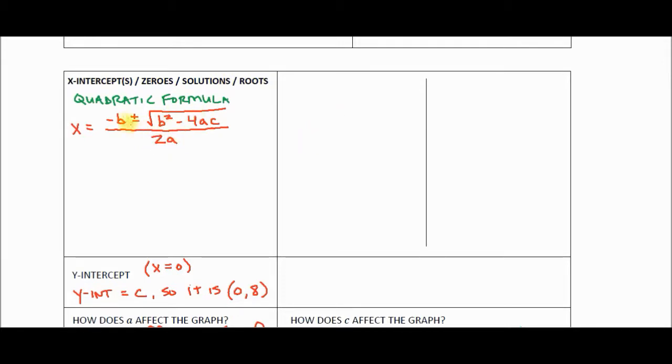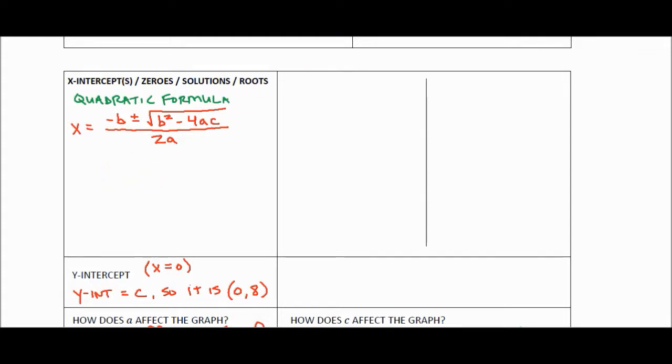So if you plug the values of a, b, and c into this equation, you're going to find the x-intercepts. And the thing you want to know is that if you're going to find the x-intercepts, the values of a, b, and c have to be found after you set the equation equal to 0.